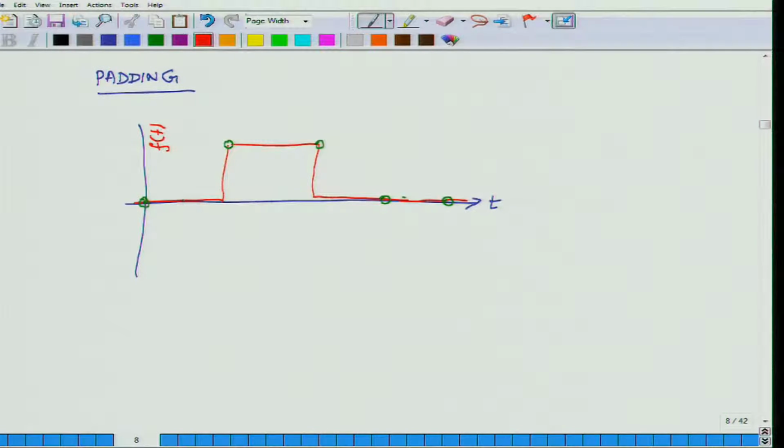Now, what does this mean? Suppose this is t seconds, right? So, then how many samples do I have? 1, 2, 3, 4. My sampling frequency is how much? 4 samples in t seconds, right?